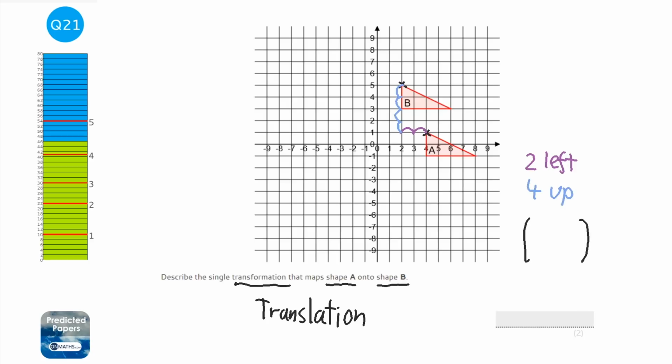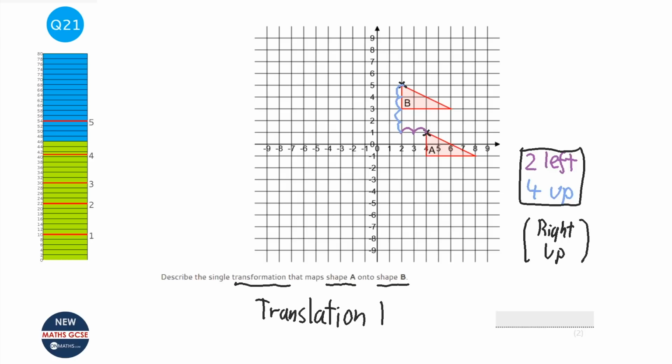Now the way of showing translations is by using vectors. And it sounds fancy, but it's just putting this information between a bracket. The number at the top of the bracket is how far right it's gone, and the number at the bottom is how far up it's gone. Let's do the number at the bottom first. So translation by, there's different words you could use there, and the number at the bottom, it's gone 4 up, so it's just a 4 there.